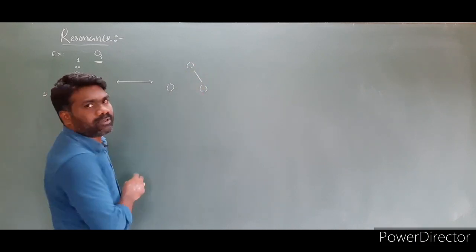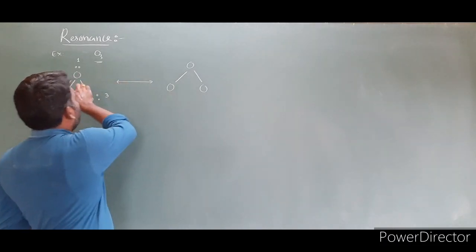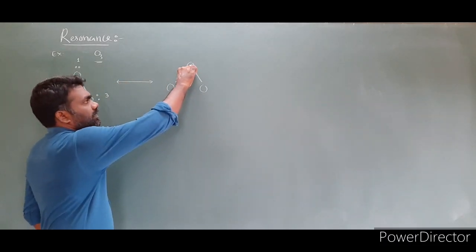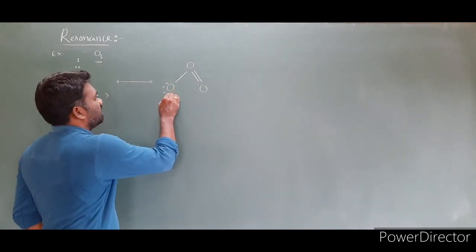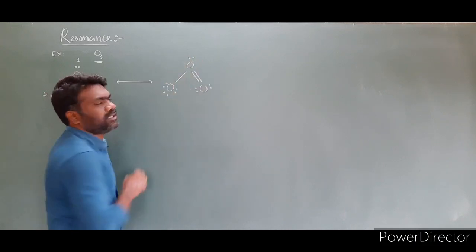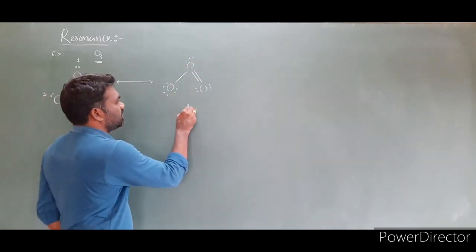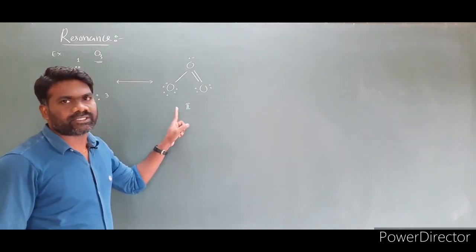Initially there is a single bond here. This bond I am shifting here, so one bond will come here, and for the remaining electrons we have to satisfy the octet configuration. So this is another structure we got. I am labeling this structure 2, and the earlier one structure 1.